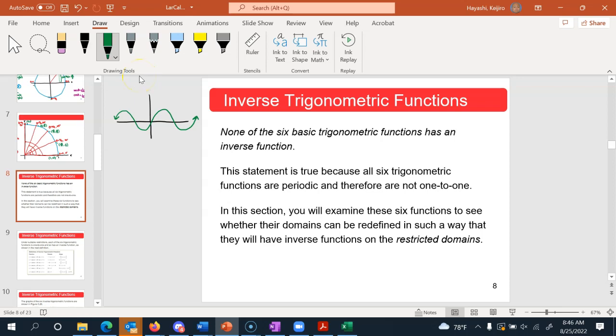Right. If you tried to find an inverse of this, what you would end up making is this.